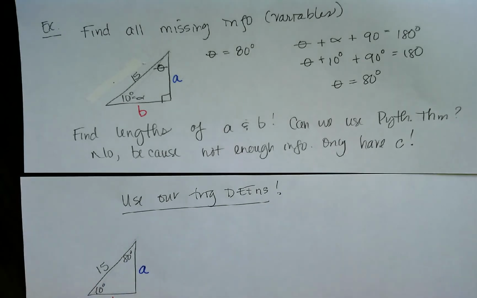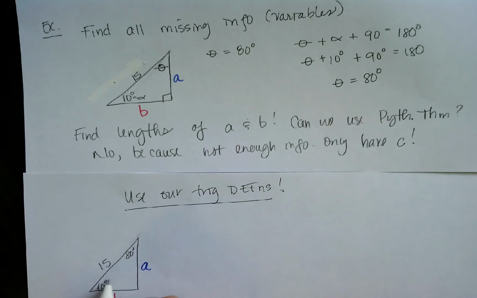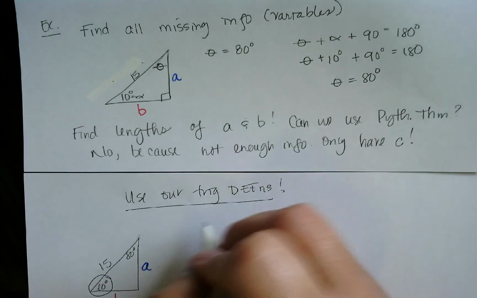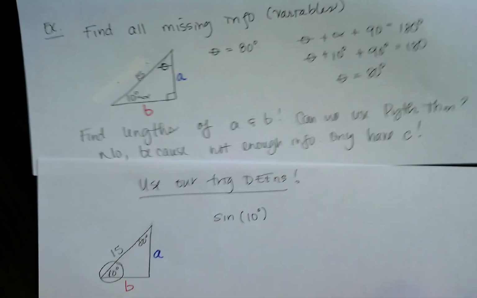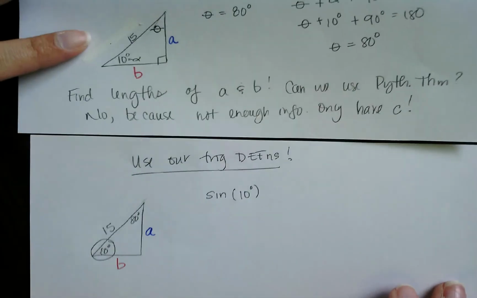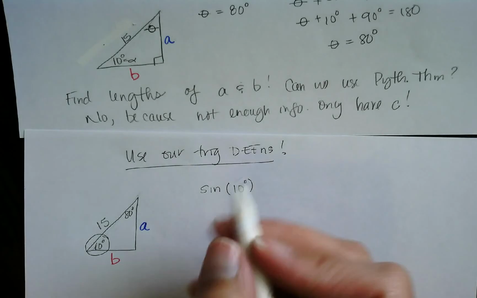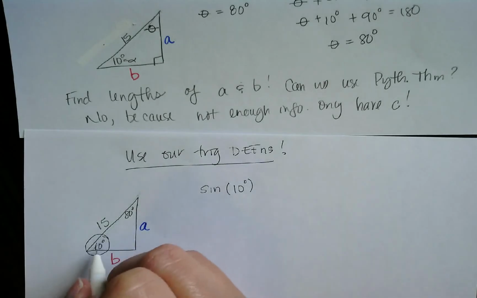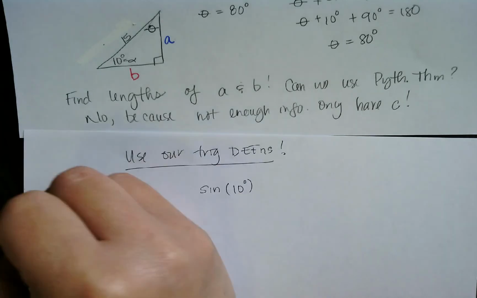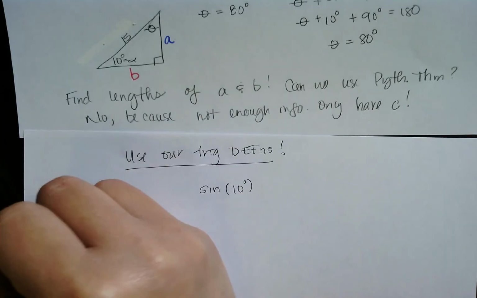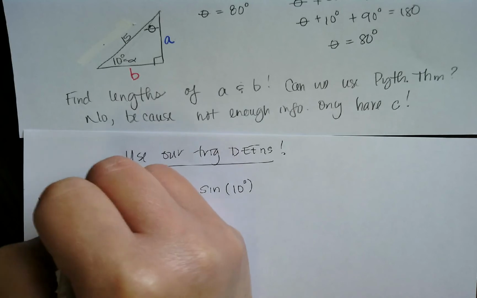Okay. Alright, if I want to use 10 degrees, okay, so sine of 10 degrees equals, sine of 10 is what? So if 10 degrees is the angle I'm paying attention to and I'm not using the 80, we have to label sides according to angle.